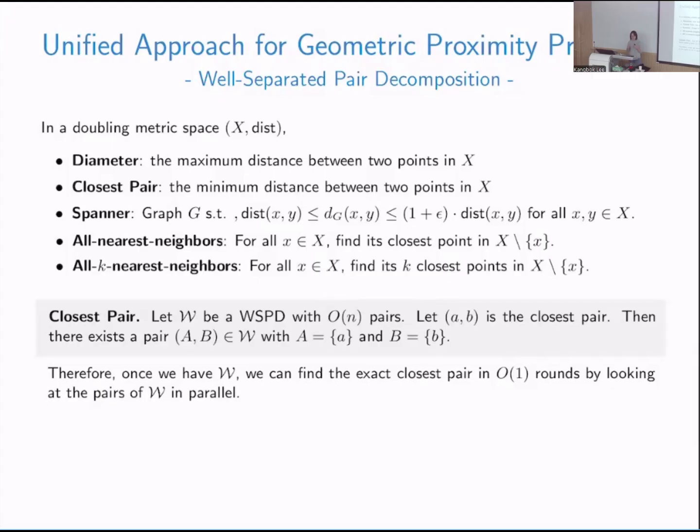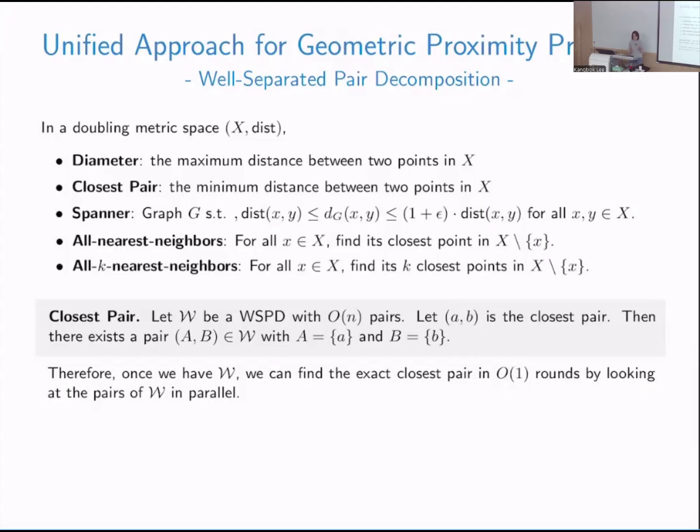So under this model, we can compute the WSPD consisting of a linear number of pairs in constant rounds. If we are given the WSPD, then we can find the A-B pair which contains only one element each, and they are the closest pair.